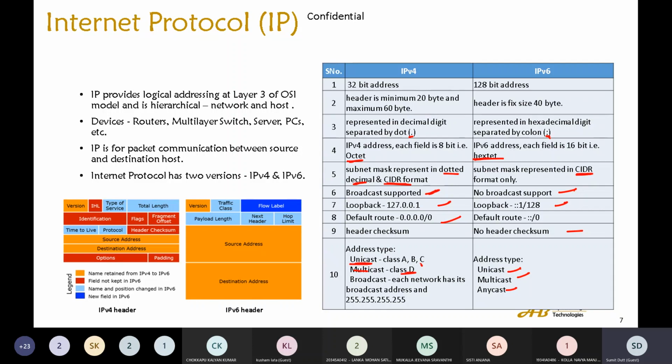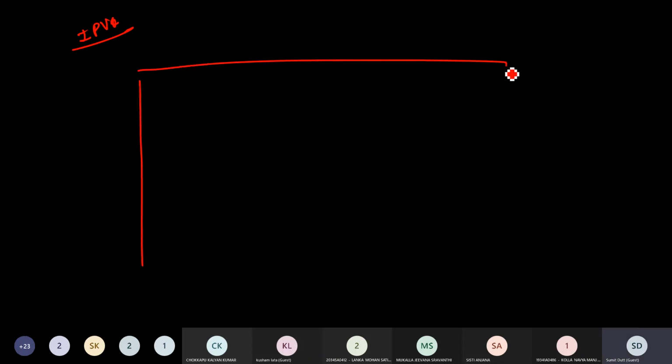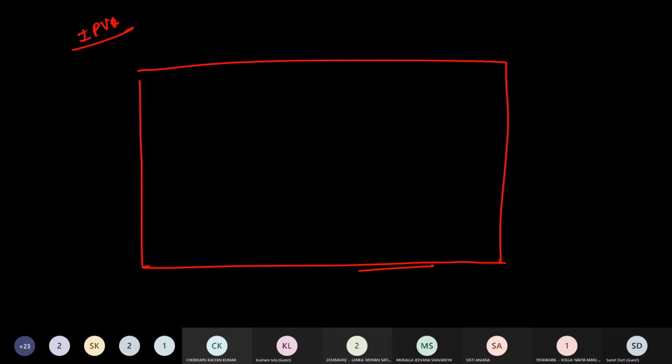Okay. So as we discussed, IPv4 is a 32-bit addressing. If I draw the header, it will look like this. There are 7 columns.